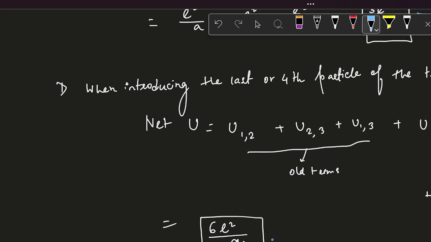So this is for the case when all 4 charges are at 4 corners of the tetrahedron.